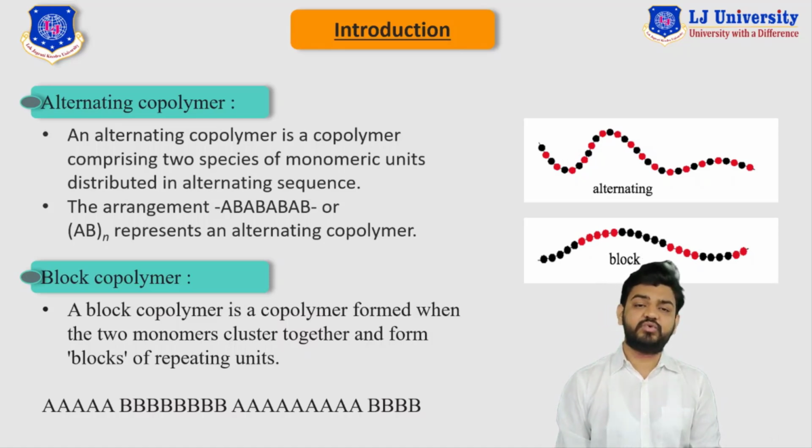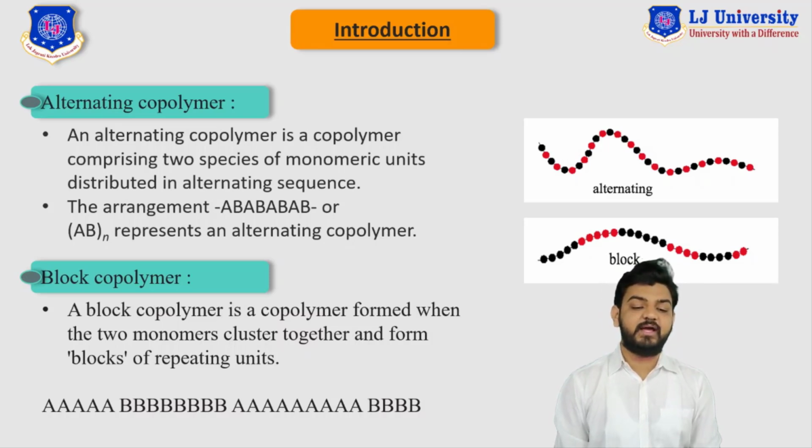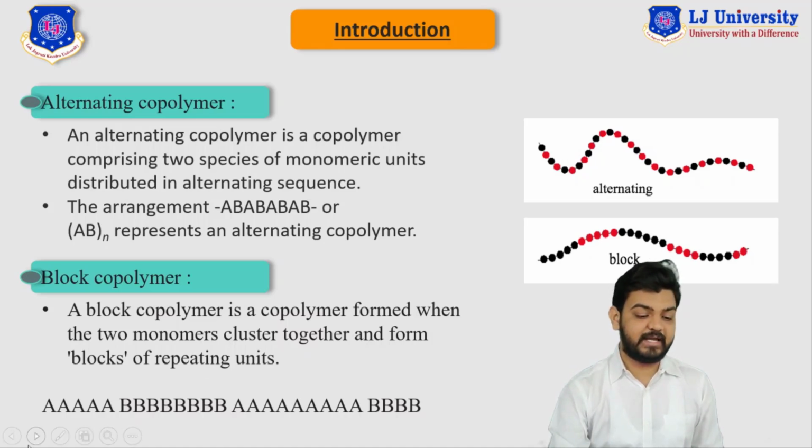Now let me introduce the block polymer. The second image is for the block polymer. A block copolymer is referred to when two monomer clusters are joined together to form blocks of repeating units. Let me take a pointer so that I can explain this in an easier way.